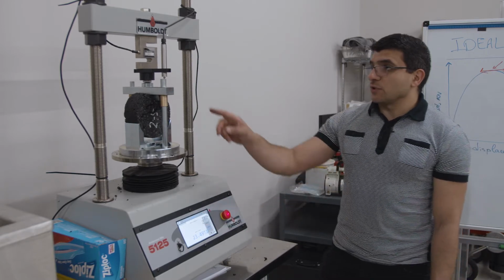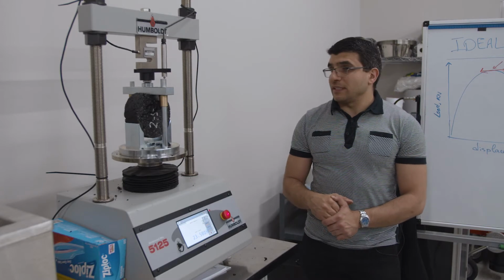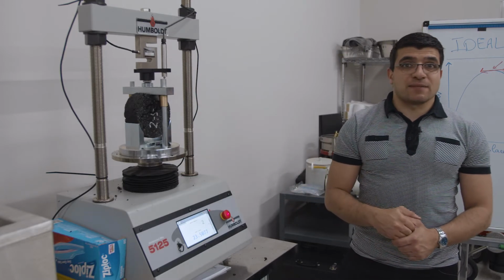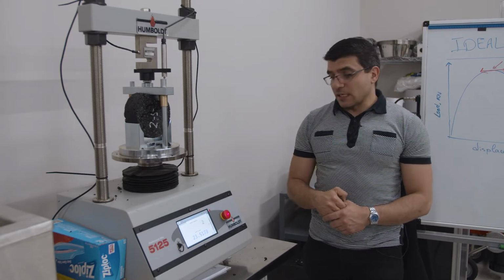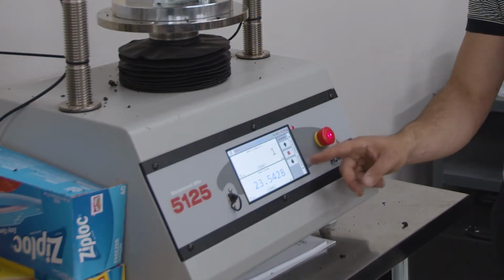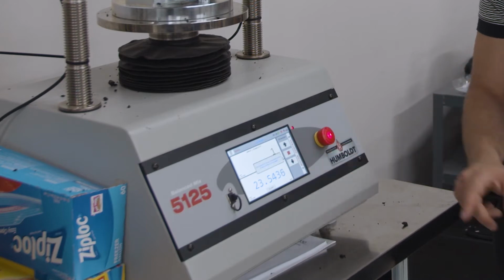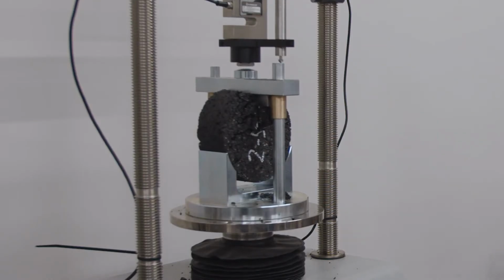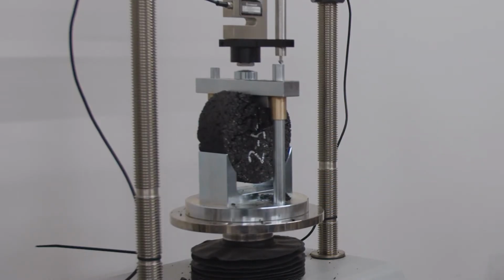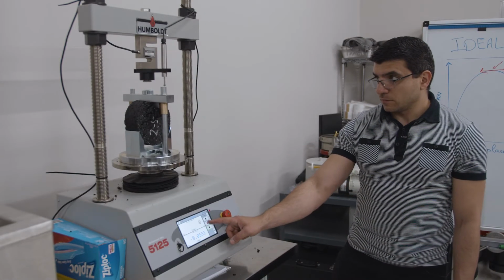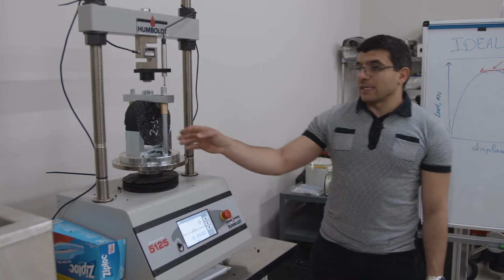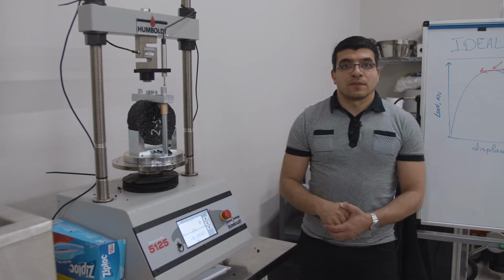And then we want to make sure to keep an eye on the LVDT, because if it reaches its maximum capacity of measuring displacement, the test should be done. So I'm going to bring my motor down, or my loading cell down. Now the test is done.